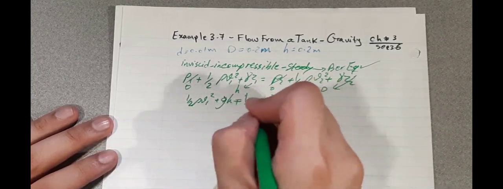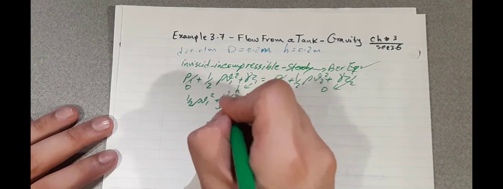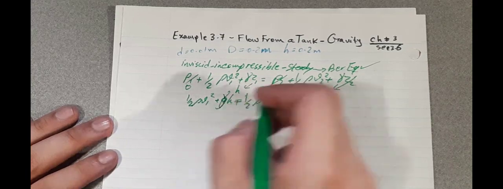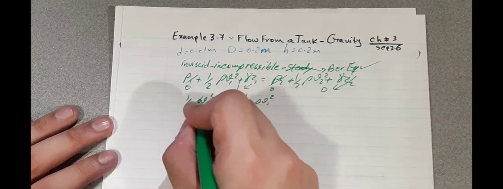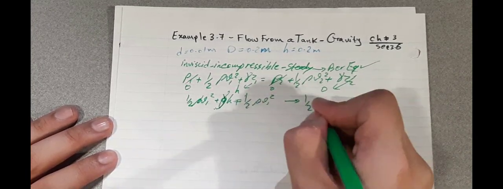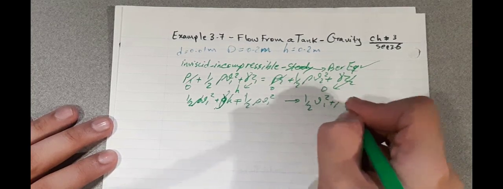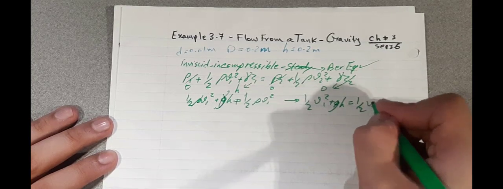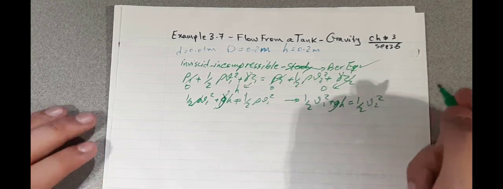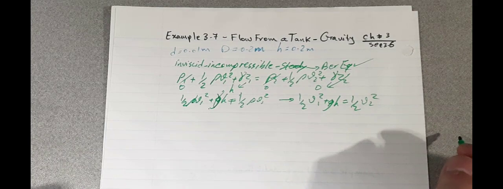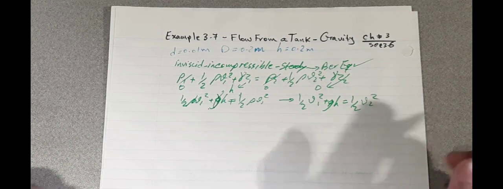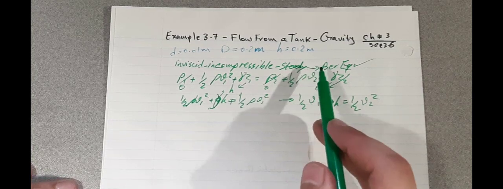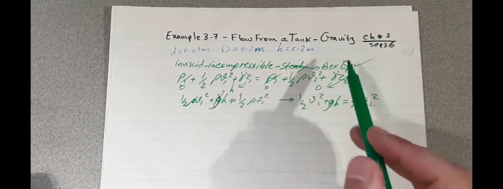Then we can divide the rho from both sides, and we can have this as 1 over 2 V1 to power 2 plus gH is equal to 1 over 2 V2 to power 2. Although the liquid remains constant at altitude of H, there is an average velocity V1 at the cross section of point 1.